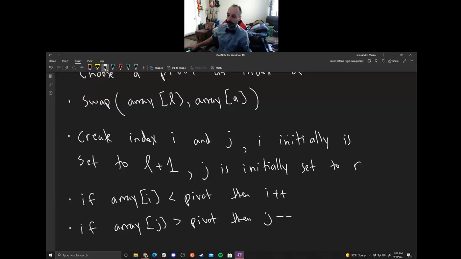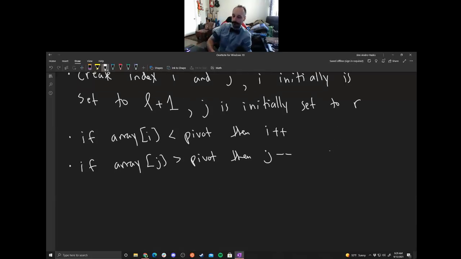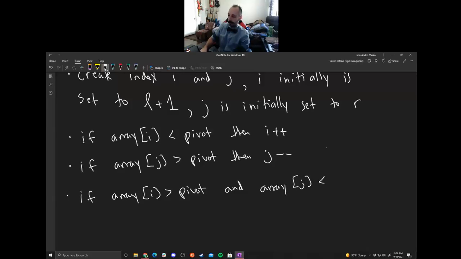Now, we have the situation where array index I is larger than the pivot, and array at index j is less than the pivot. Then we have this sort of deadlock. We can't move I and j.